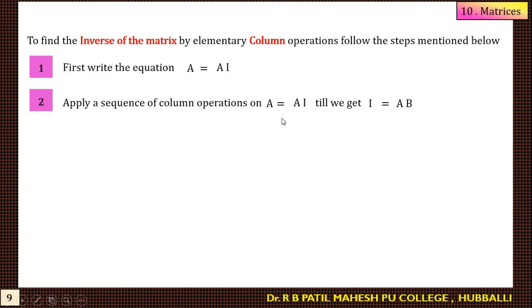You should get the identity matrix, so you have to change this A to identity. When you change A to identity, this I also changes, because column operations operate on the second term, I. When you get identity here, you get this B matrix, which is called the inverse matrix.